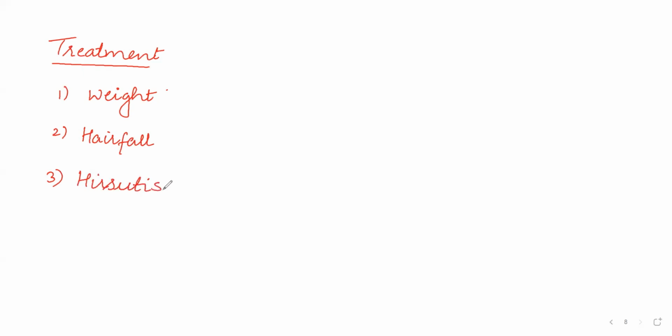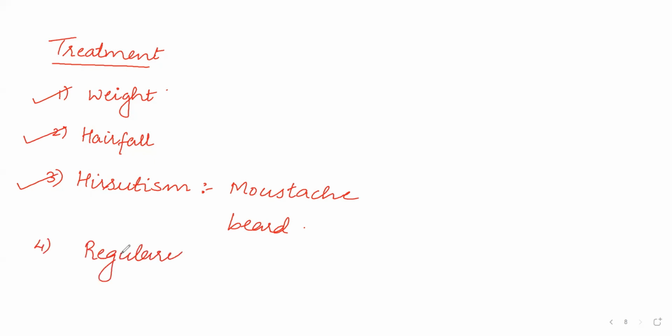When we say hirsutism, that means she will develop a mustache and beard. So treatment aims at controlling the weight, controlling the hair fall, treating the hirsutism, and regularizing the periods.